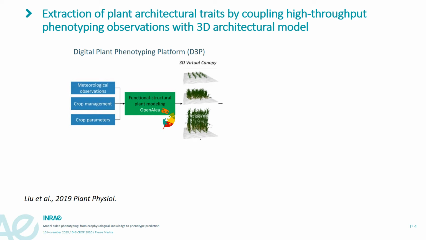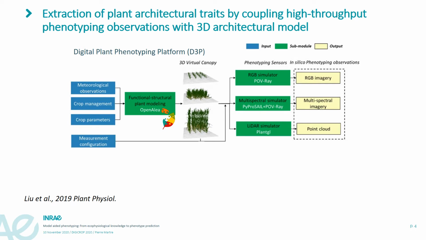To facilitate the development of workflows for phenomics, we created the digital plant phenotyping platform, D3P. This platform that I will present today integrates functional structural plant models, implemented in the OpenAlea platform, and that simulate the growth of 3D virtual canopies.